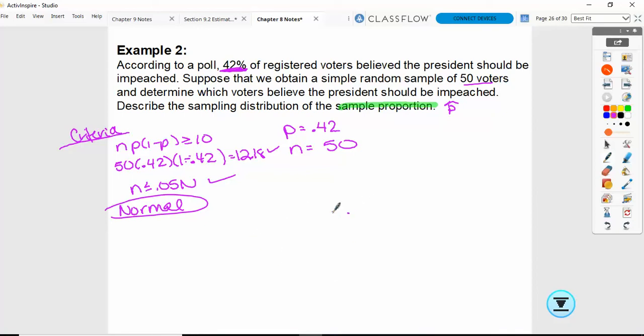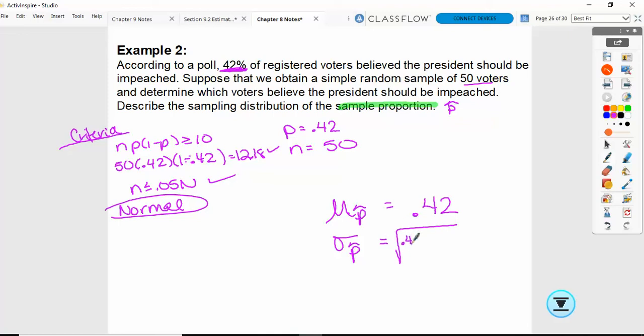So now, if we're going to calculate things, we need the mean and standard deviation for sample proportion means p hat. And I did try to give you guys a blank slide after this, so if you need more room, there's a blank slide following it on your notes handout. All right, so the mean is just the proportion from the population that we were looking at, which is 0.42.